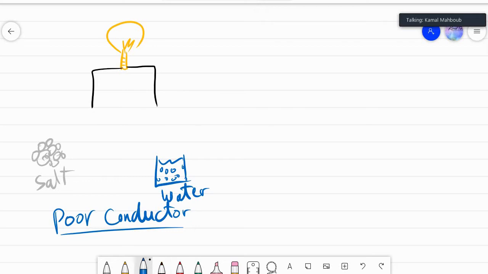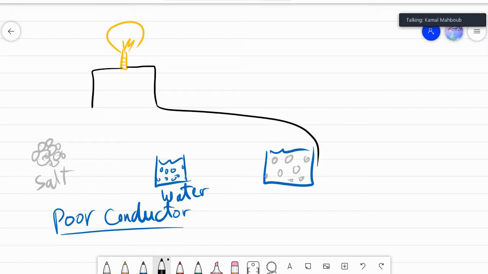But when we put the salt into the water and dissolve it, in this case, if we use the same lamp in the solution of salty water, now this lamp works and conducts electricity.